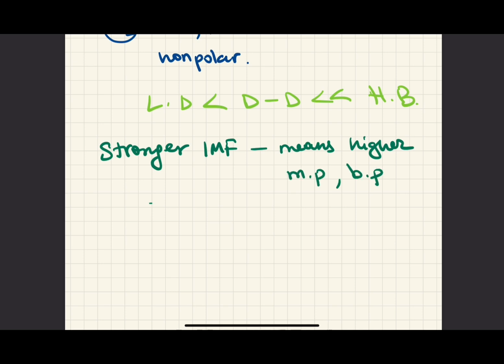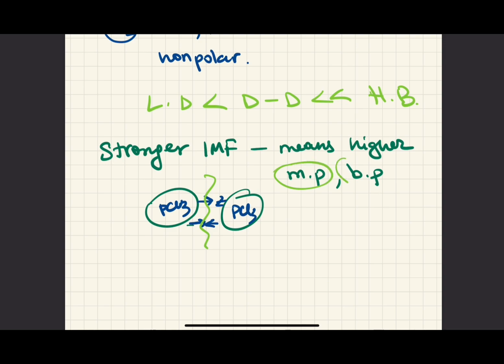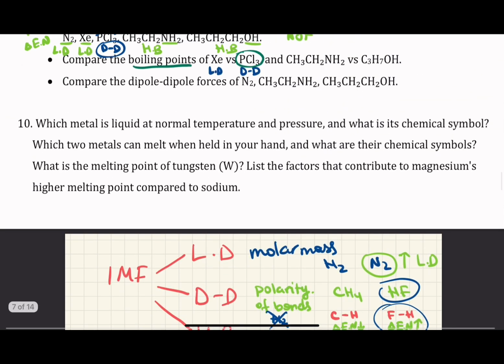That means the molecules are attracting each other more strongly, like millions of PCl3 molecules attracting each other more, so it's hard to break them apart. That's why their melting point and boiling point will be higher.